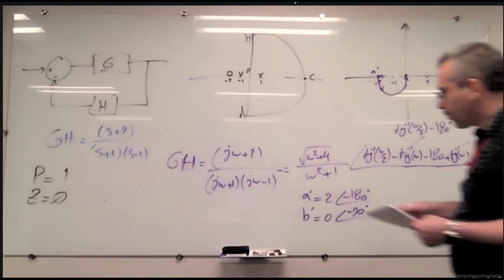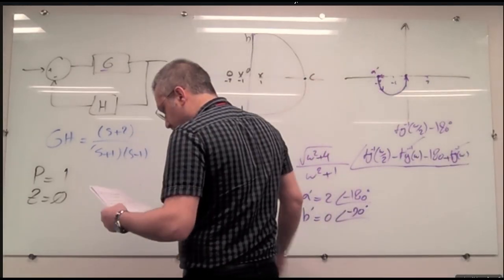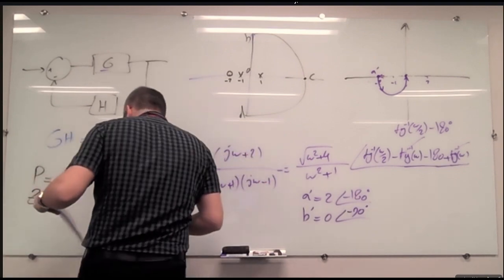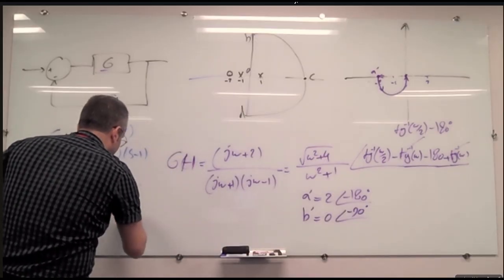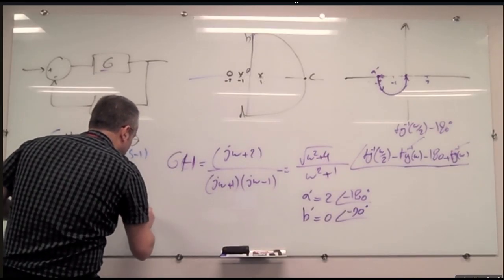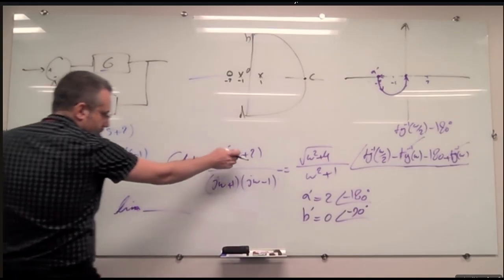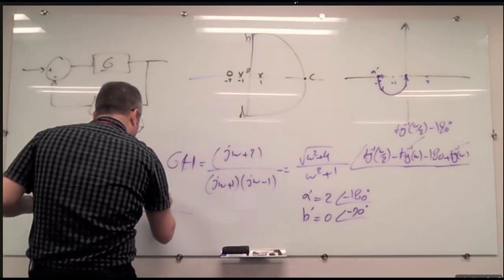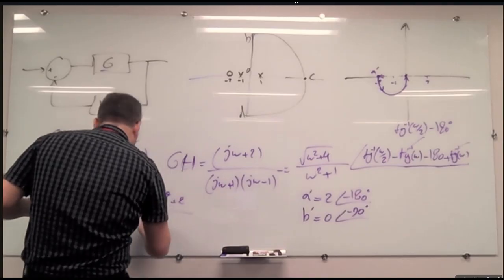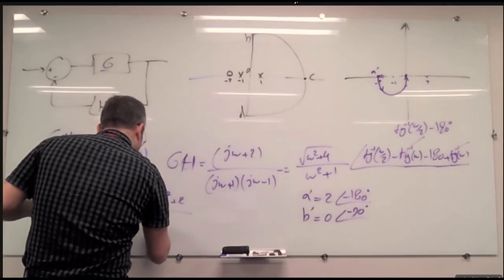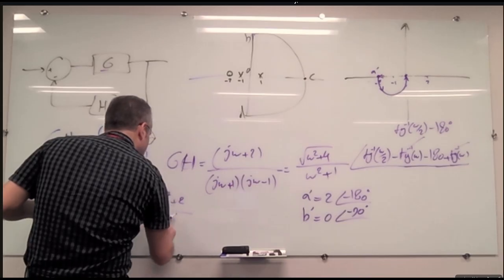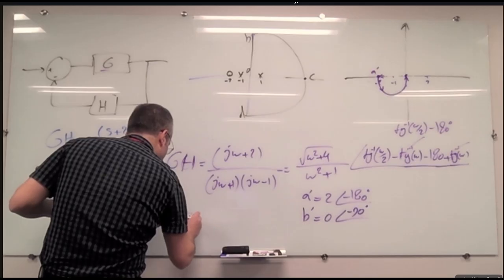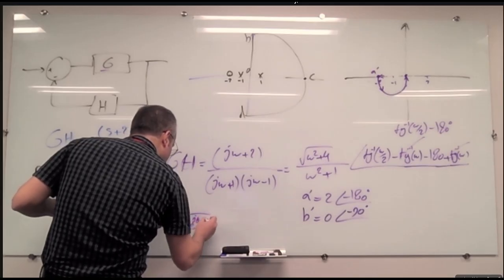Now, for C prime and D prime, we said we are going to take the limit. I'm going to do the function itself. So it's going to be r e to the power of j theta plus 2, over r e^jθ plus 1 times r e^jθ minus 1.